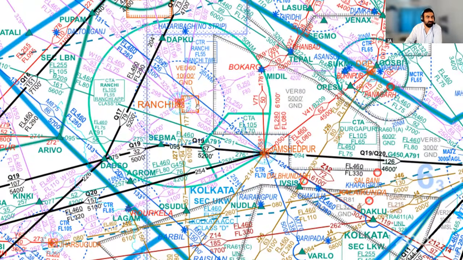So the danger area in red, and this brown hidden in plain sight. Can you see this? Can you trace it? Restricted area 80, and it's restricted till 5,000 feet. So you cannot fly 5,000 feet or less over this route.